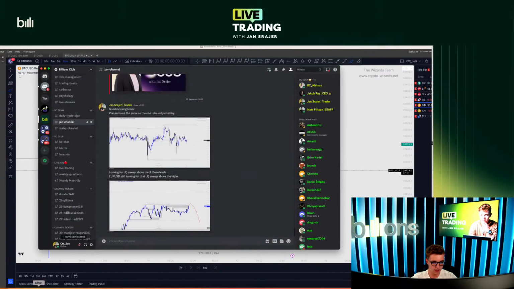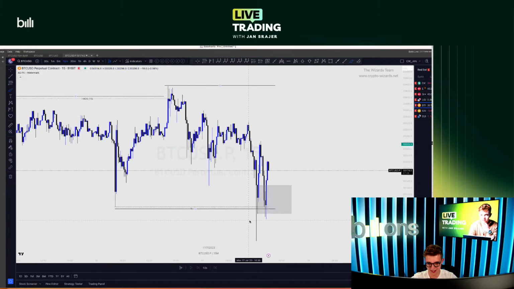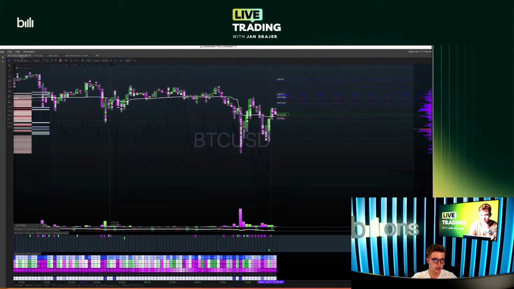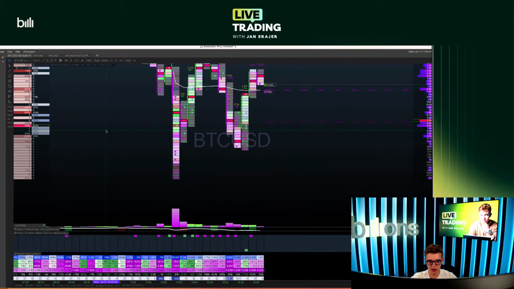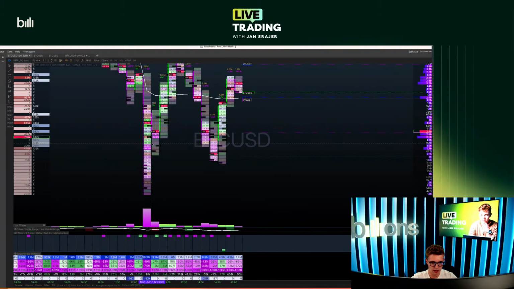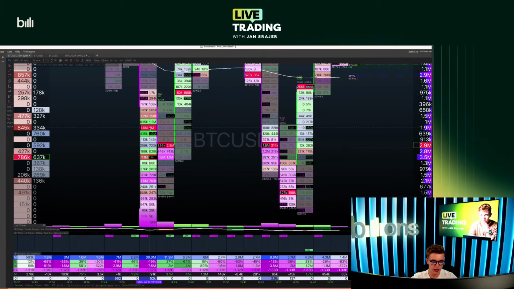And one of the levels was hit before the stream, as you can see down there. So that was the plan for me: grabbing the liquidity, sweeping the liquidity from the market, getting the confirmation, which was down here, seeing the trade value area, POC at the wick. It's not perfect.